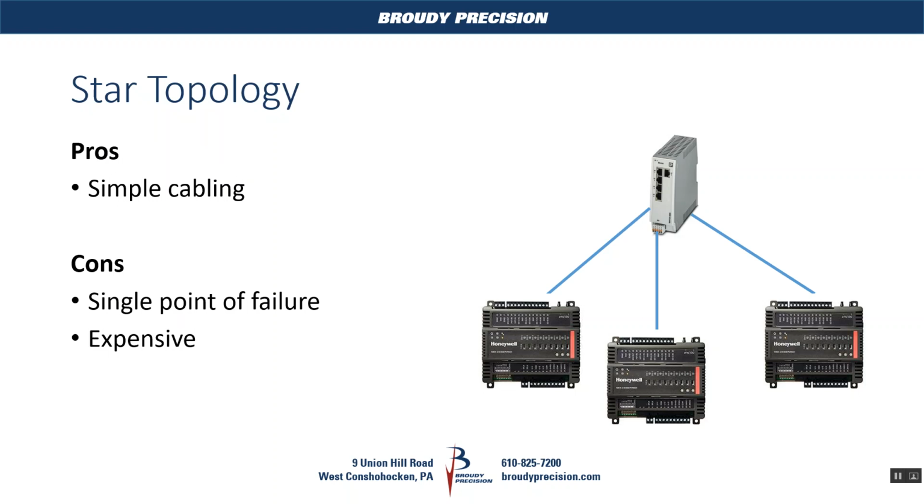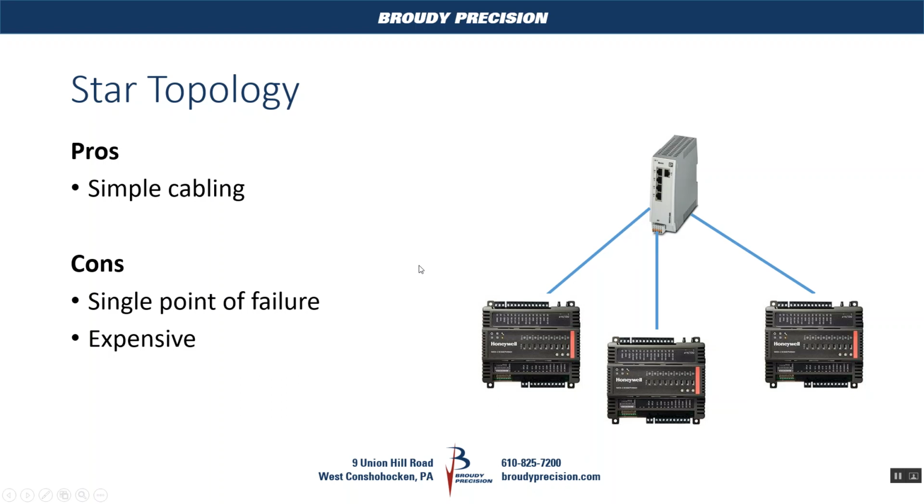So the first option you have available to you is the star topology. This is the typical topology that you'll see in an Ethernet network. It's what you're probably using right now to connect your laptop to your network at the office. And the pros that it has is it's super simple. You're running a single cable from your device to the switch.